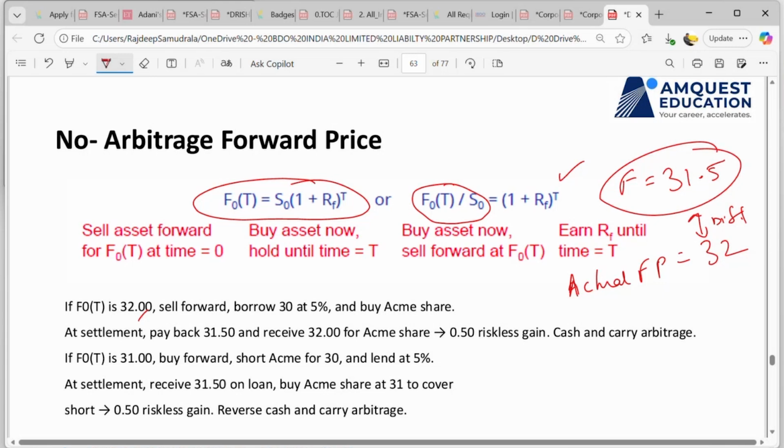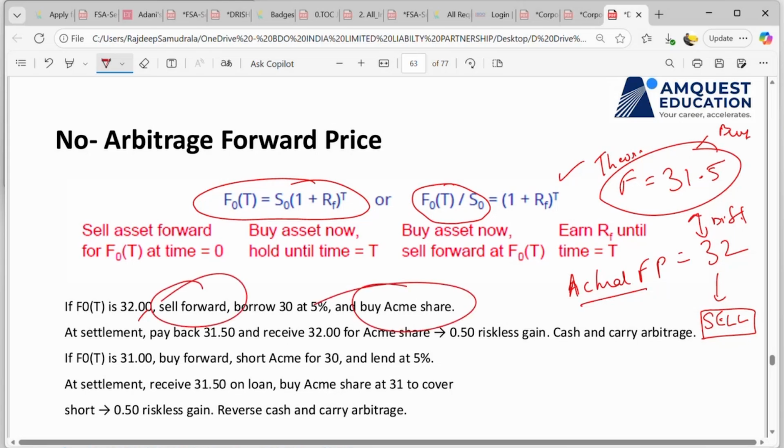So what do I do? Tell me, your theoretical price should have been 31.5, but your actual price is 32. So what will you do? What is costly, you will sell. What is cheap, you will buy. So you'll say, costly is good. Sell the forward, buy the shares. Simple. If you sell the forward, it's 32, and you buy the share at 30, and you take a bank loan.